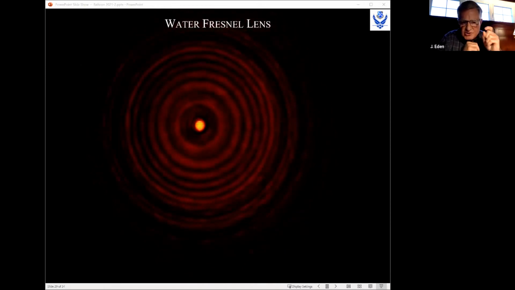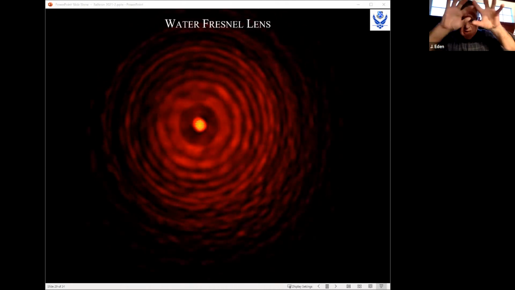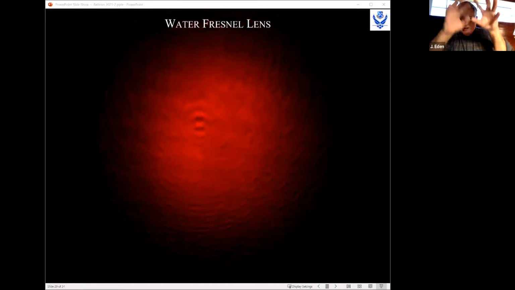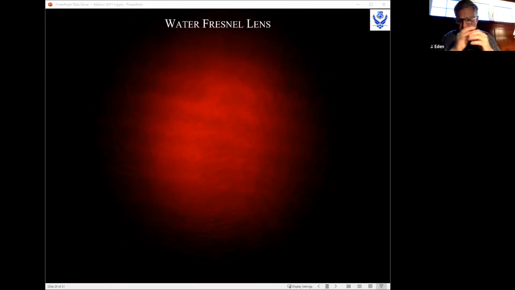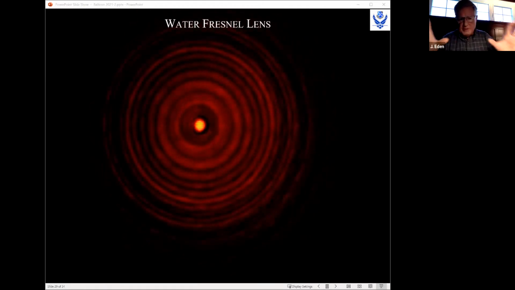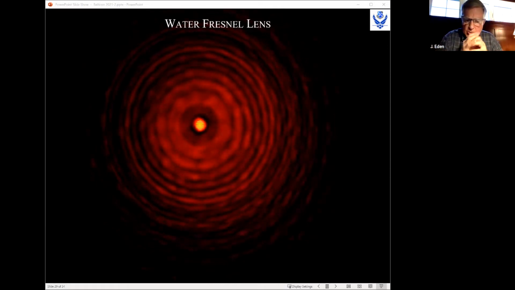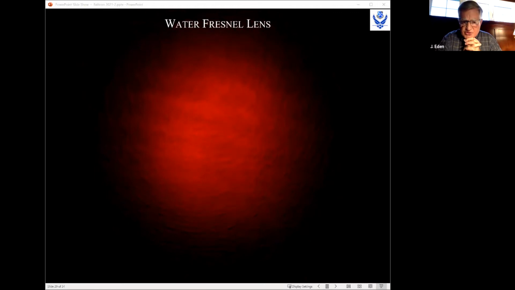You see this beautiful spot at the center. Now the lens is operational. Why? Because he's breathed onto it, and the vapor is only adhering to the surface in the pattern of the Fresnel lens. When the vapor from his breath dissipates, you get this hazy uniform red from the laser just going through the plastic.